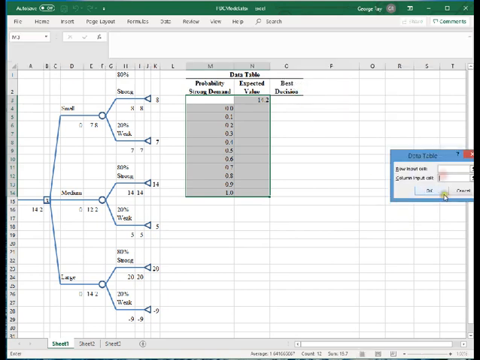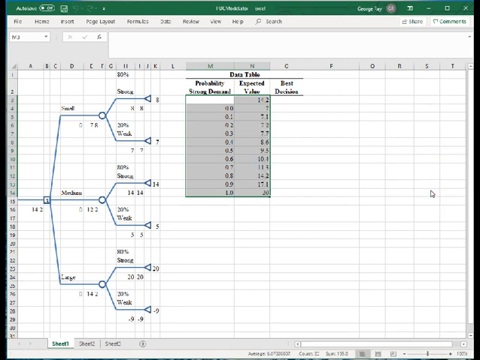Here we're going to use H1. In other words, we're going to put each one of these different probabilities for a strong demand up in H1, which drives the probabilities for strong and weak demand throughout our model, as we went over before. So I'll put in H1 there, and go ahead and click OK.